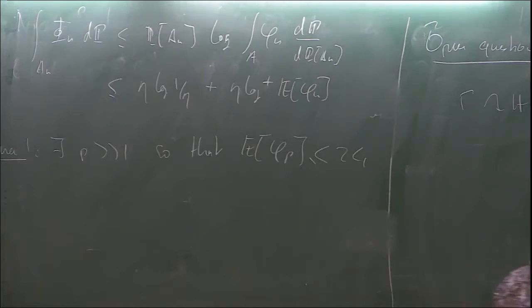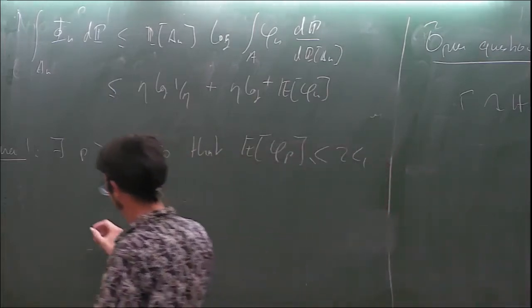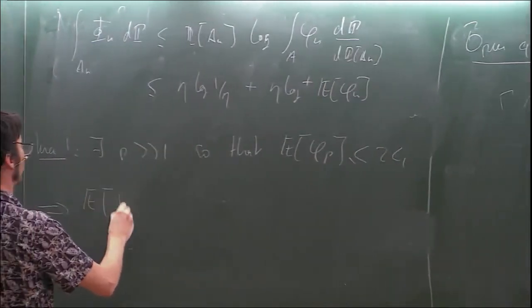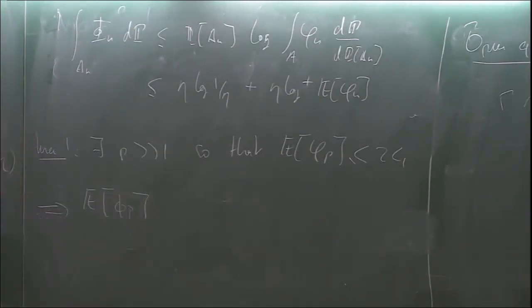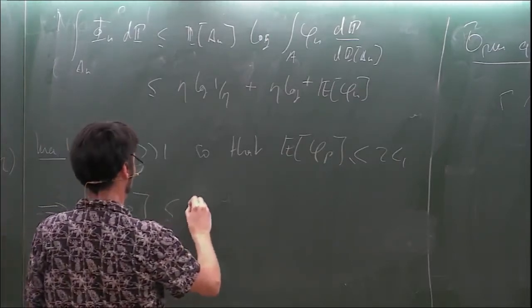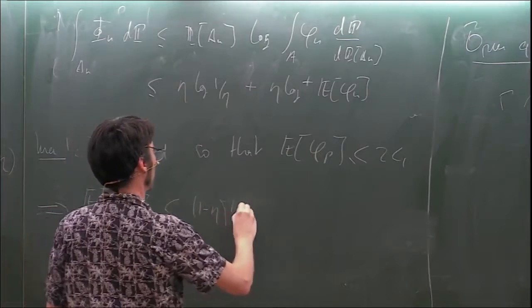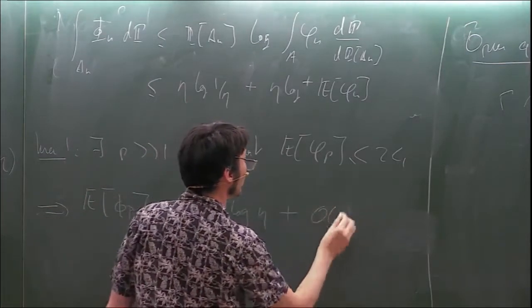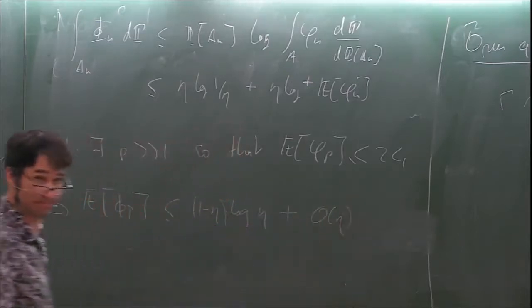And so this implies that the expectation of phi p is at most 1 minus eta log of eta plus big O of eta.